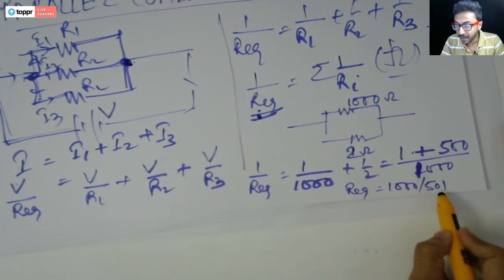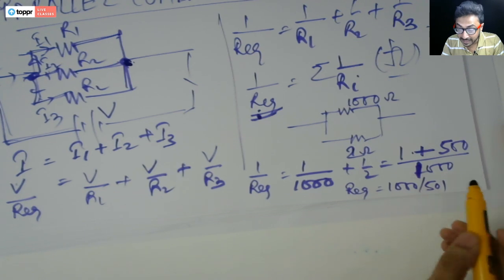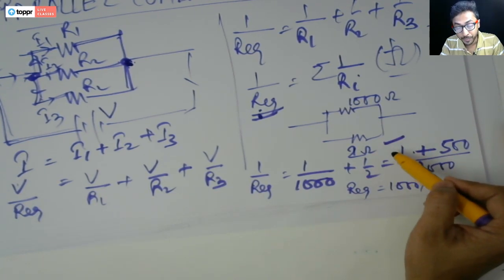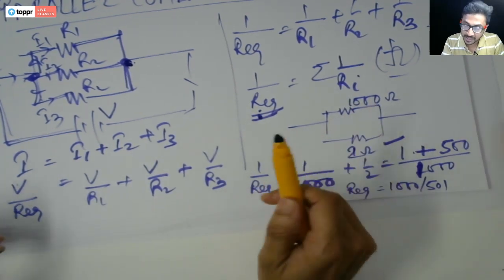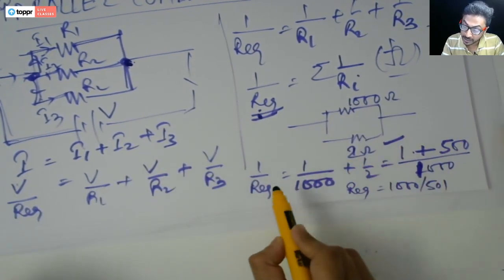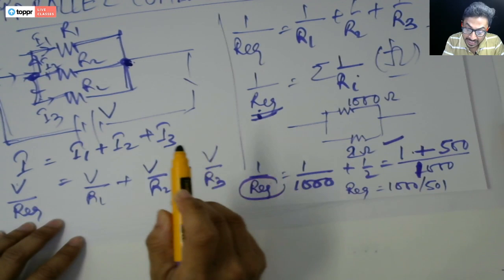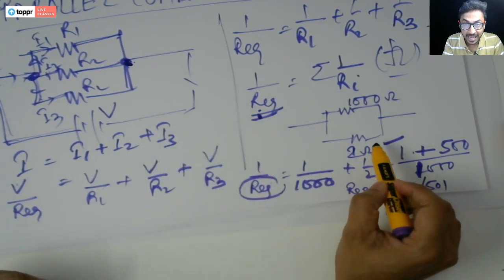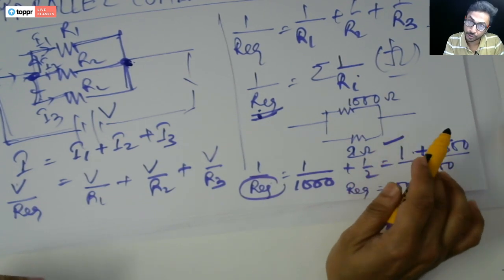Now 1000 by 501 is less than 2, isn't it? 1000 by 500 is 2, so 1000 by 501 is less than 2. You can test it with any combination. You will see the R equivalent in a parallel combination is less than the smallest resistance.